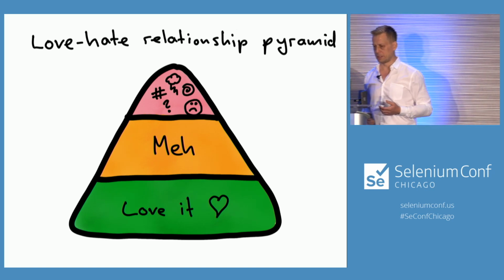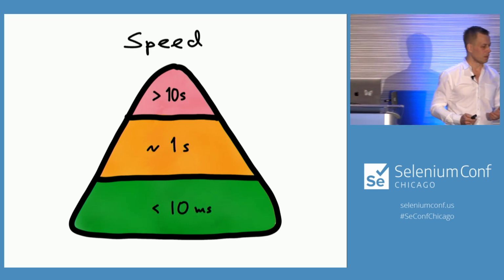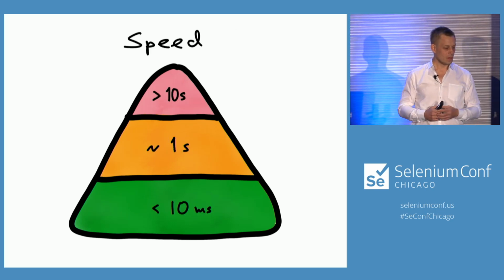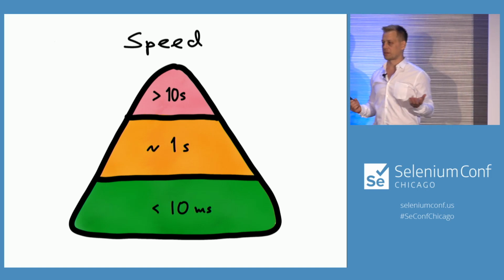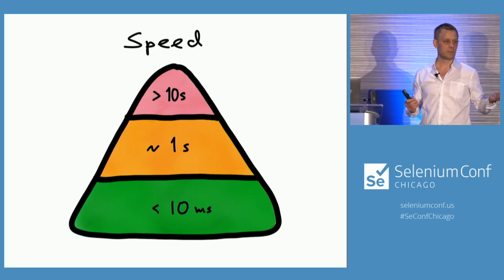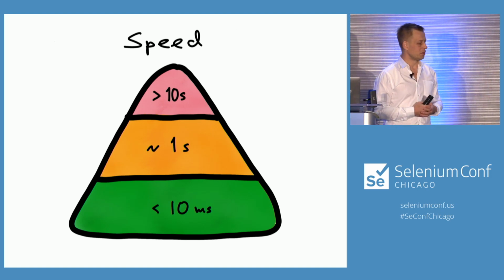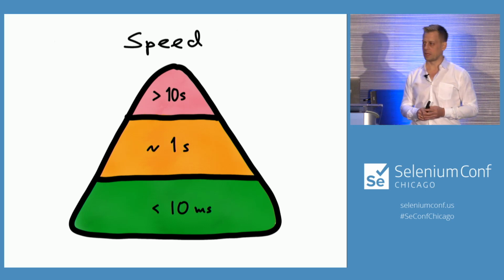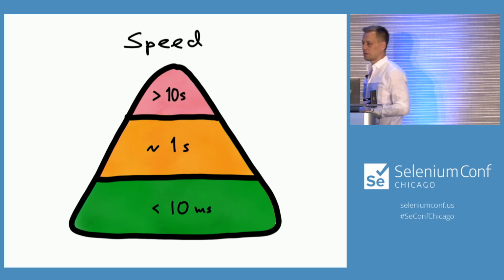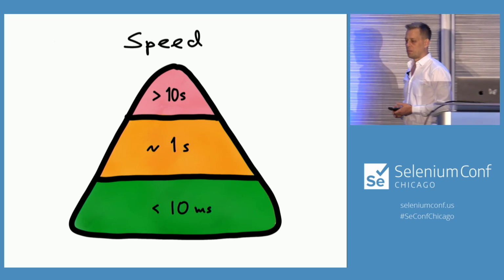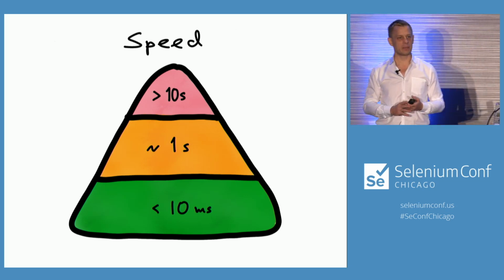Well, one of them is speed. So we want to have lots of tests that can run in just a few milliseconds, and not very many tests that need more than 10 seconds to run. It's kind of a given. That's how we can get fast feedback.